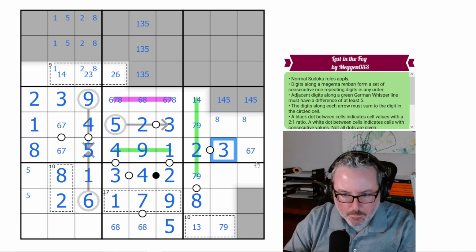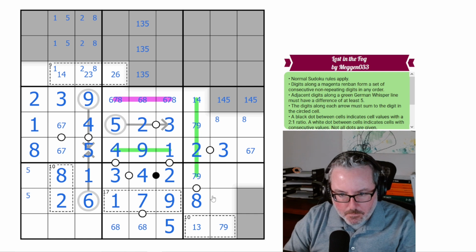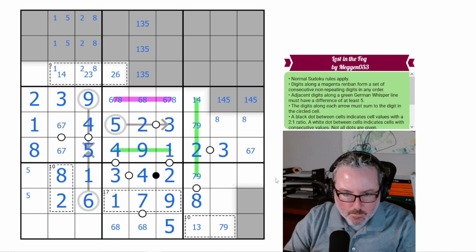So let's get this to open back up again. It didn't really do much for me, but it did get a couple of things. So this is a 7-9 pair. We do not know which one is which, so therefore we don't know if that's a 1 or a 4.